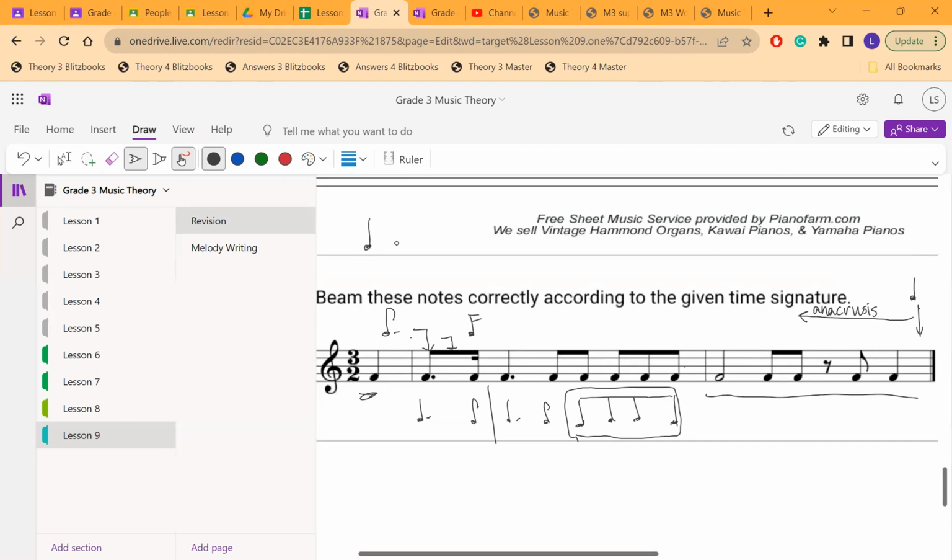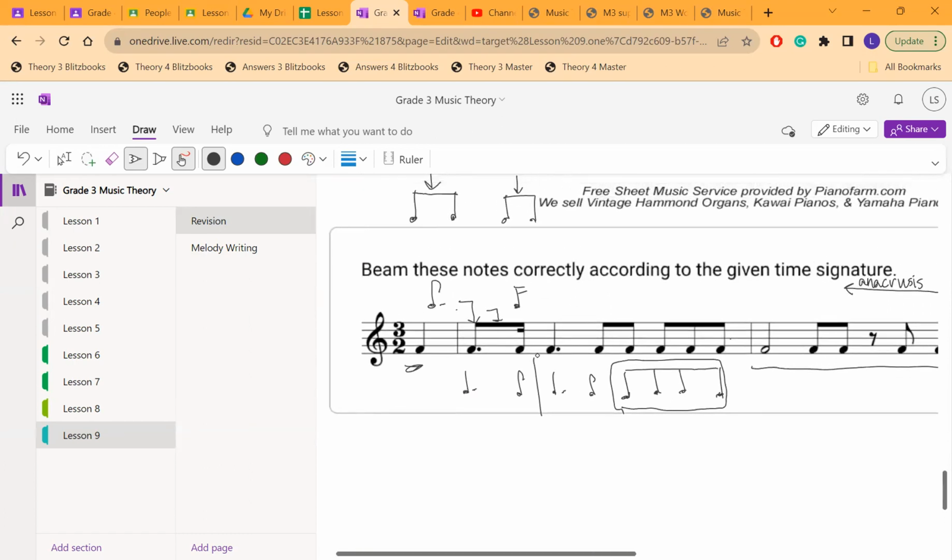For example, 2 crotchets are written like that, but 2 quavers have a beam. But you can't beam these two crotchets, otherwise they become quavers. Right? Okay. Moving on.